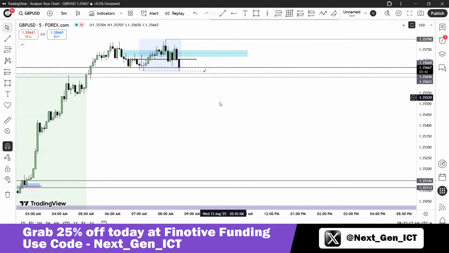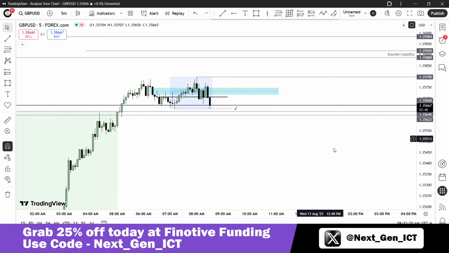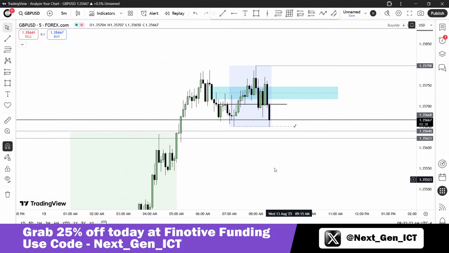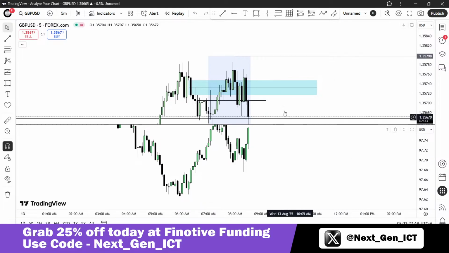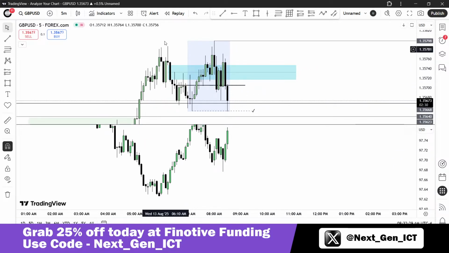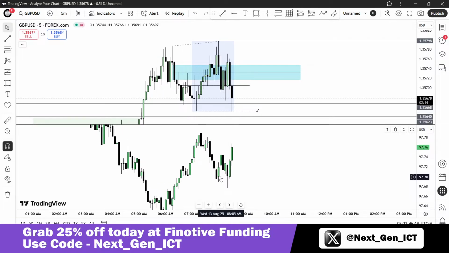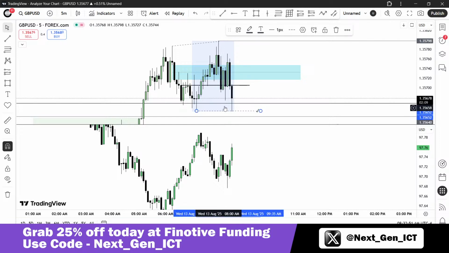So let me just explain why I cut this trade off. First of all, we had this assumption right here. I told you that if price creates a swing high right here, and at that time DXY needs to create a swing high, and it did create a swing high, that means probably price would take out this low.